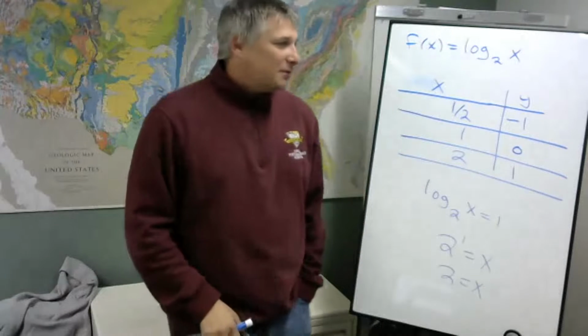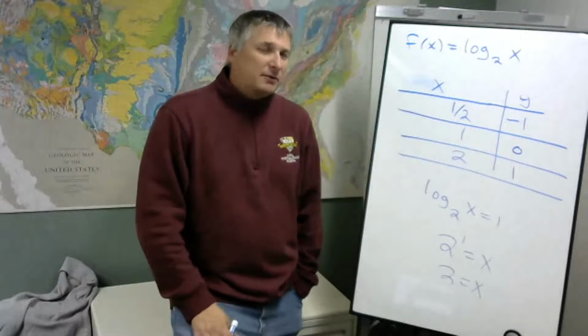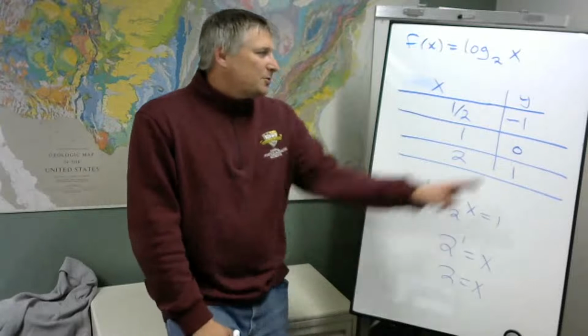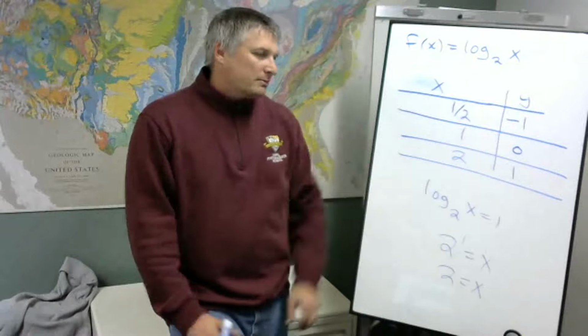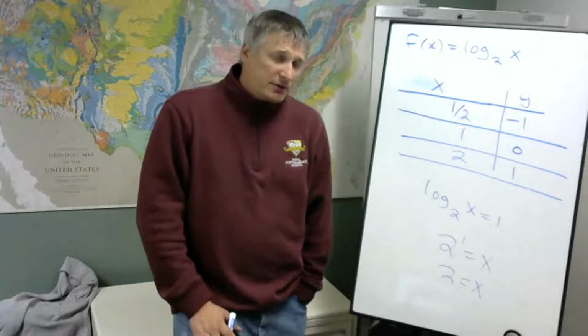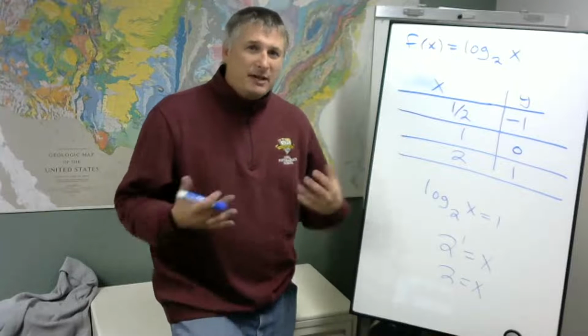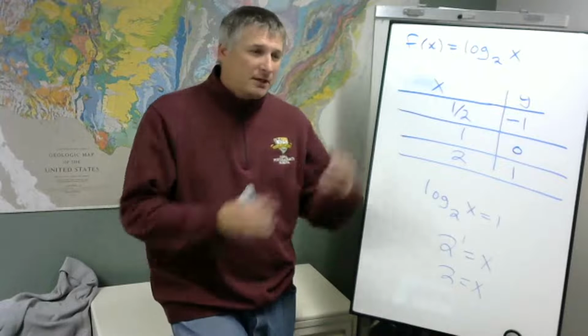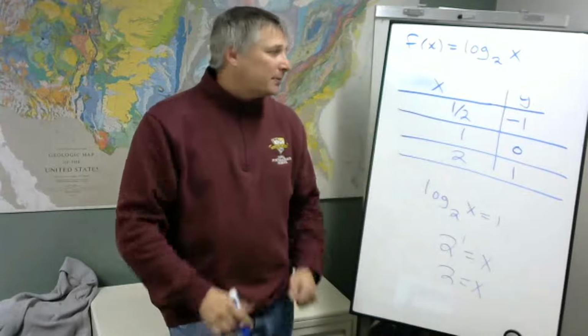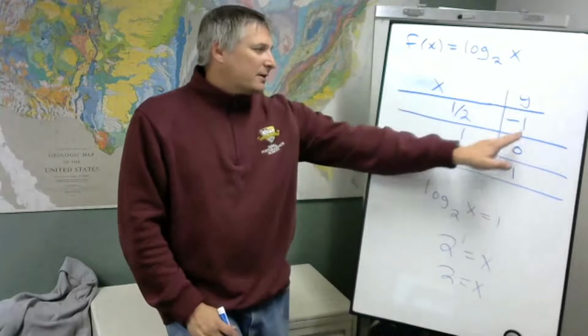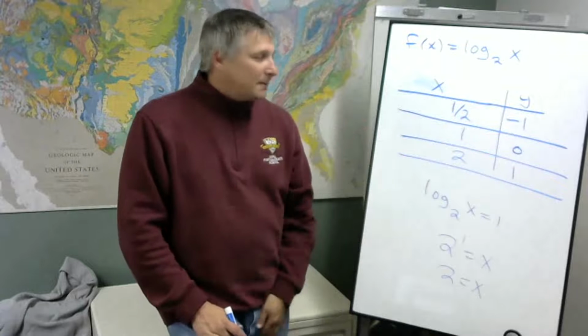So in this case, and this is what you would expect with inverses, we use -1, 0, and 1 as the inputs for the exponential function. Well, because these are inverse functions, we're going to use the inputs now as outputs. The role of input and output switches. So now they're the -1, 0, and 1 outputs.